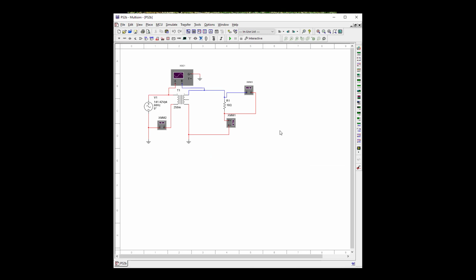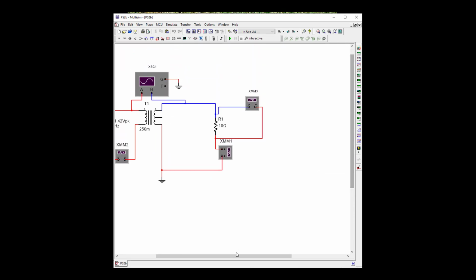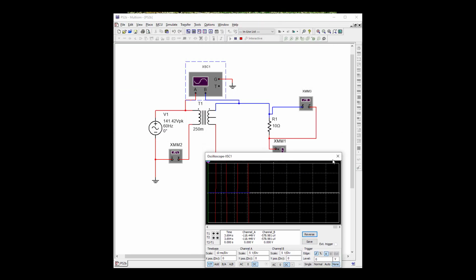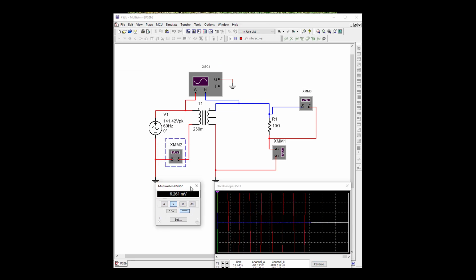And here we have a transformer circuit, and this time we're measuring current. As we remember, we have an inverse relationship between current and voltage.